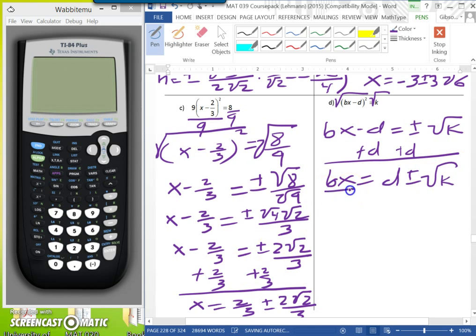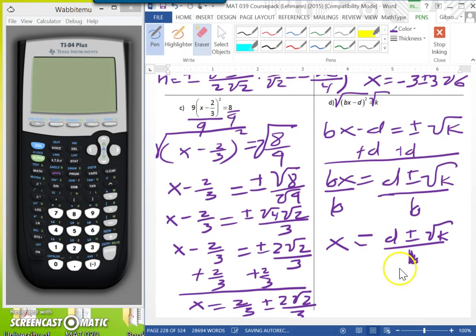Now we would divide each side by b. And our final answer would be x is equal to d plus or minus the square root of k all over b. And that will be our final answer.